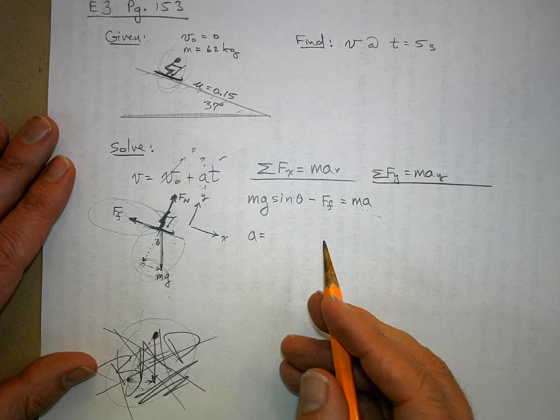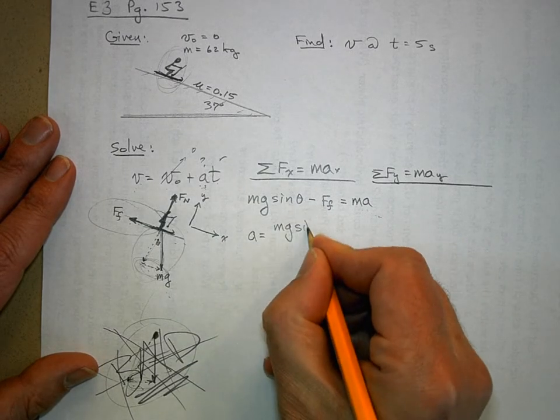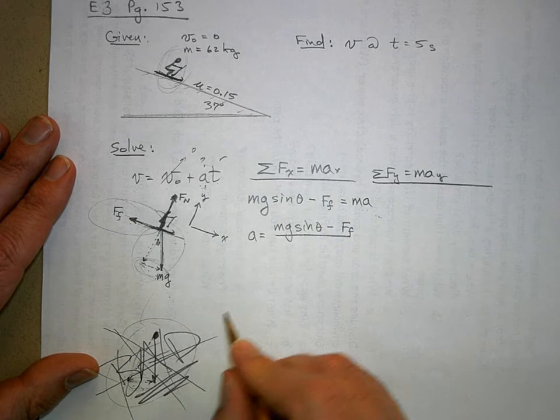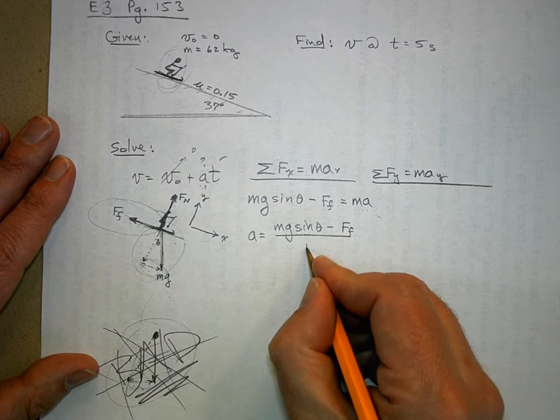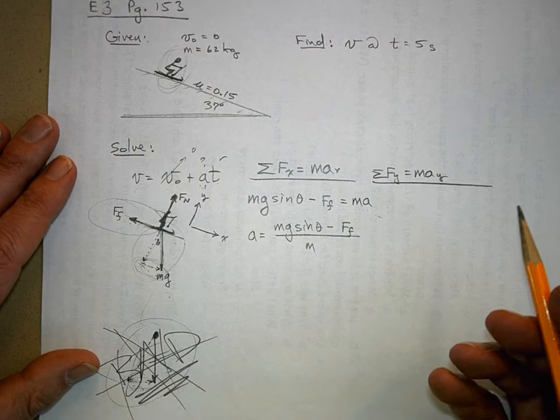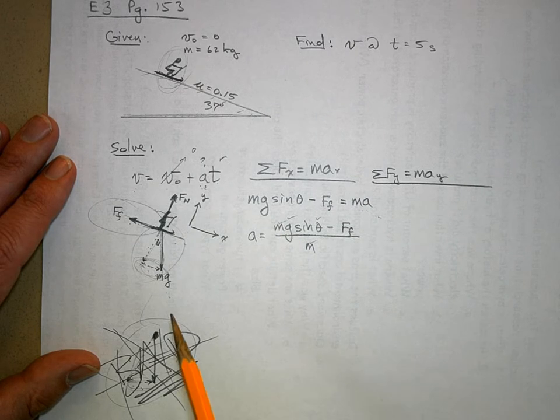a equals mg sine theta minus the force of friction divided by the mass. Now, do I know everything? Yeah, I know the mass, that's given. I know g. I know theta. Oh, but I don't know what the force of friction is.